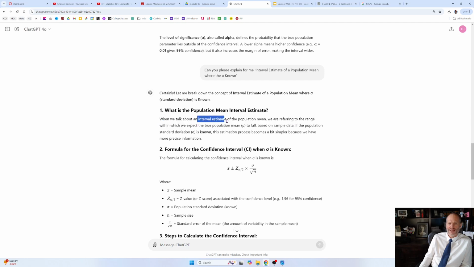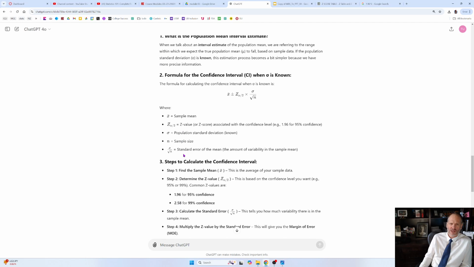When we talk about an interval estimate of the population mean, we're referring to the range within which we expect the true population mean to fall based on sample data. If the population standard deviation is known, the estimation process becomes a bit simpler because we have more precise information.